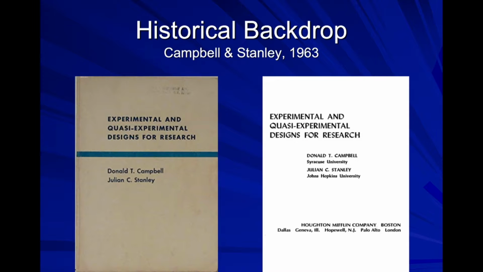And the reason that this book is important is it's the first time that all of the experimental research methods in the social sciences and education were put into one place. And so it's really the original textbook in many ways.